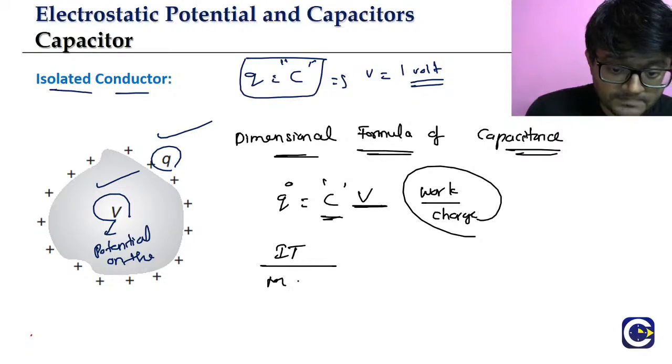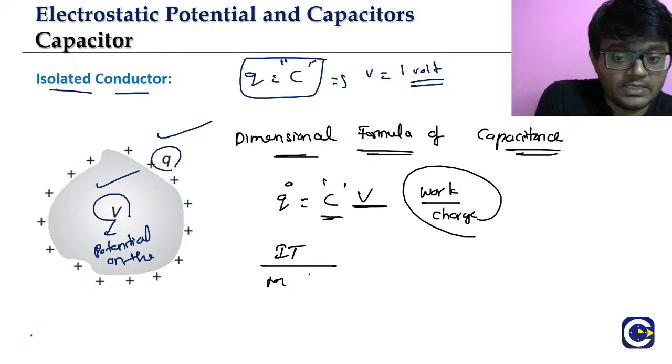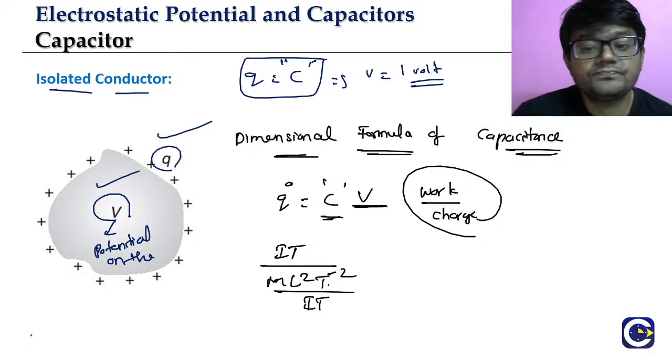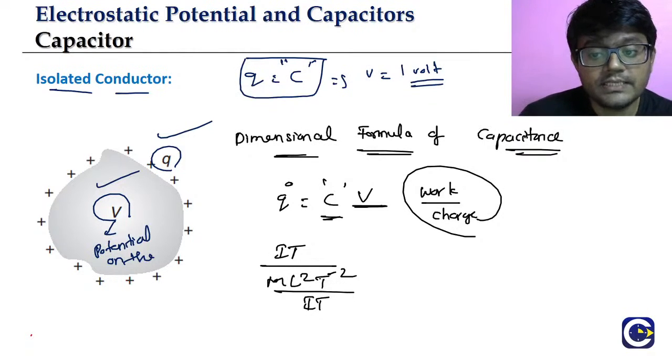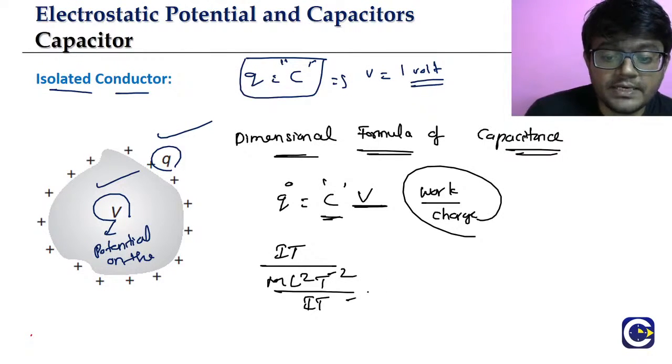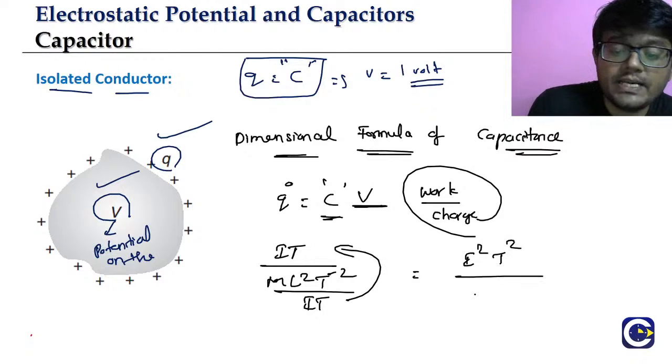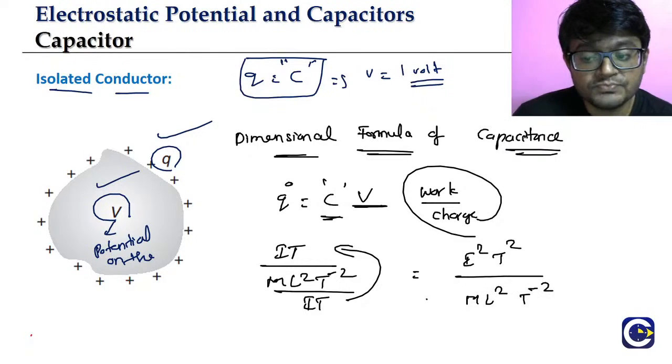So work is ML square T power minus 2, divided by charge, which is I into T. Simplifying, we get I square T square divided by ML square T power minus 2.